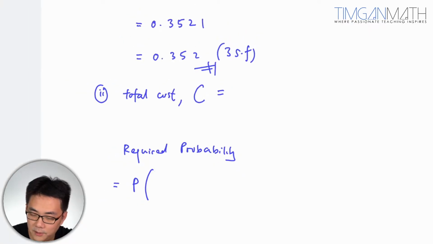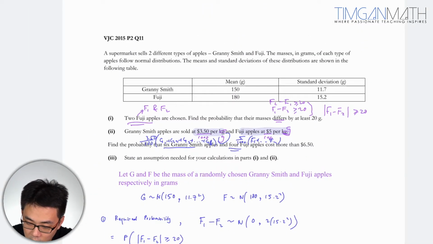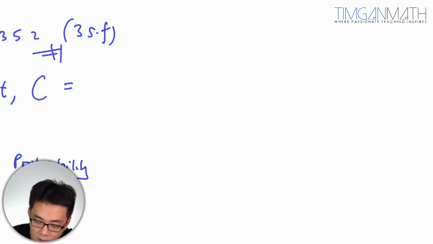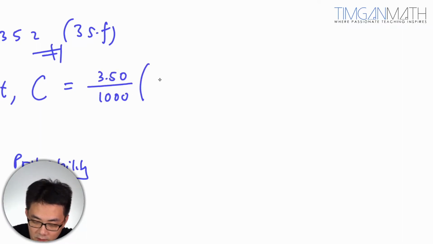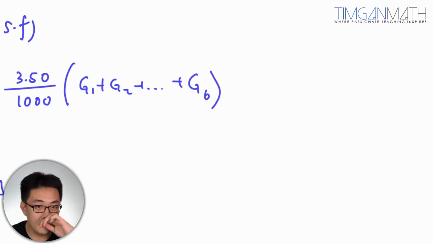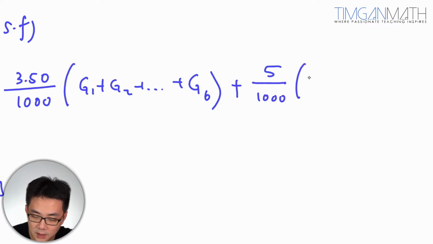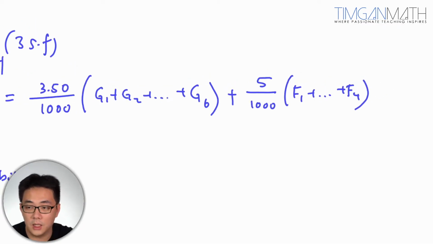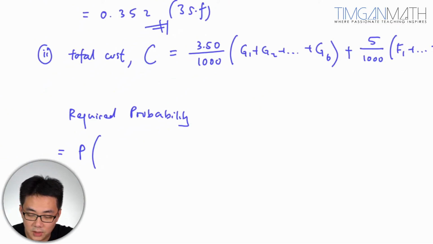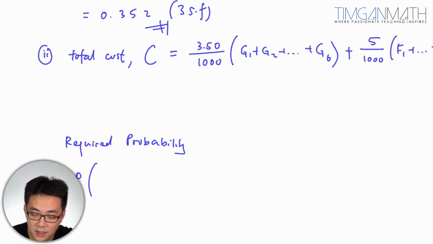That will be 350 over 1000, and you have got 6 Granny Smith, so G1 plus G2 all the way to G6. Okay, and you have got 4 Fuji apples, so it's 5 over 1000, and this is F1 all the way to F4.